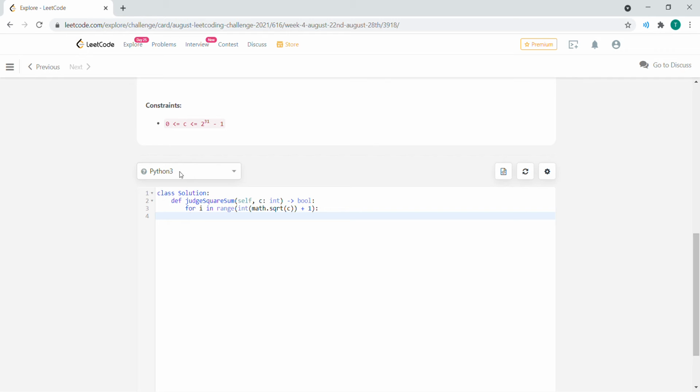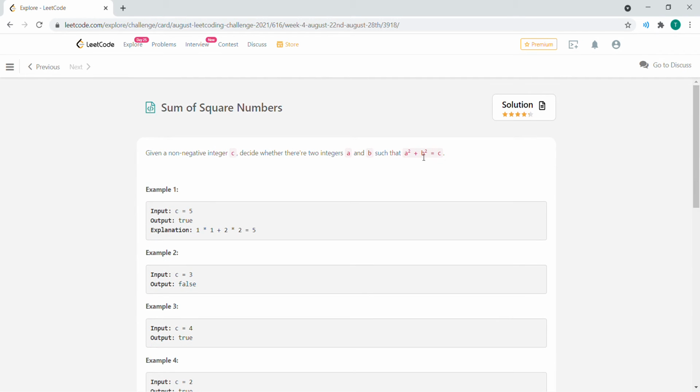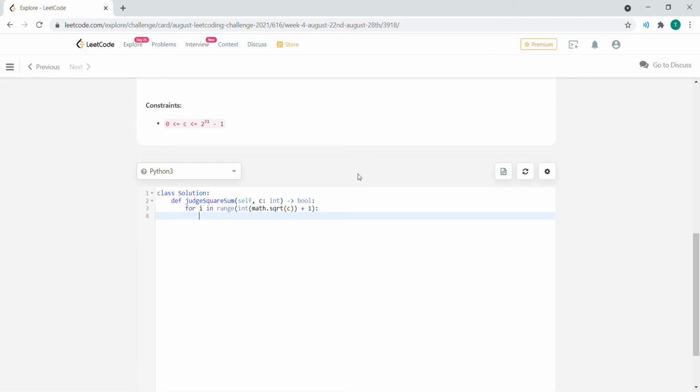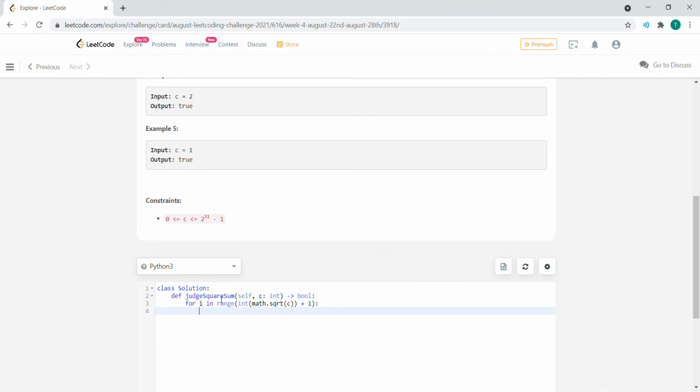Because we know that, if we bring b over to this side, a squared is equal to c minus b squared. So therefore we need to iterate through the square root of c. We're going to say, for each element, j equals c minus i squared.